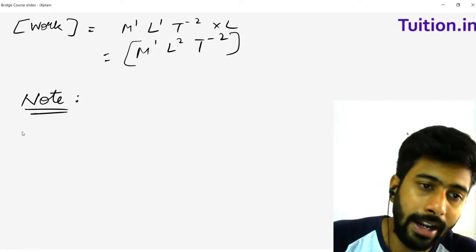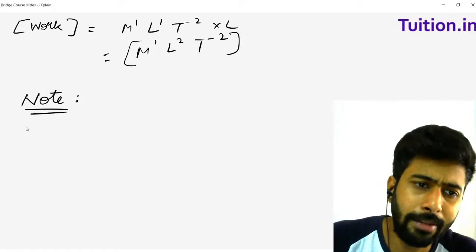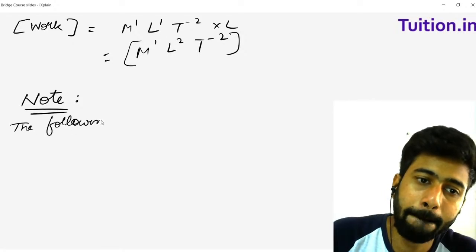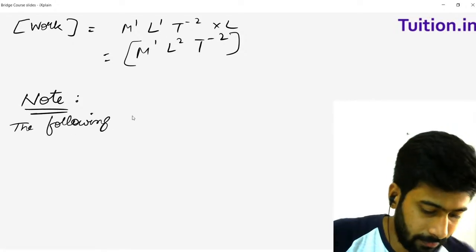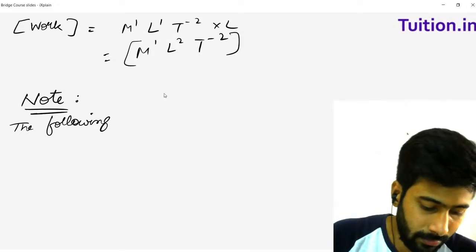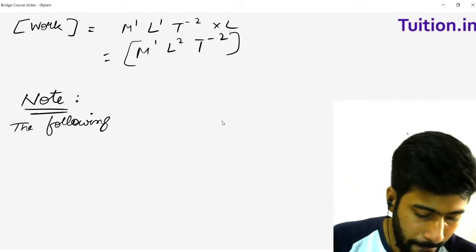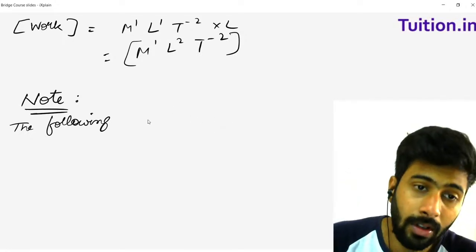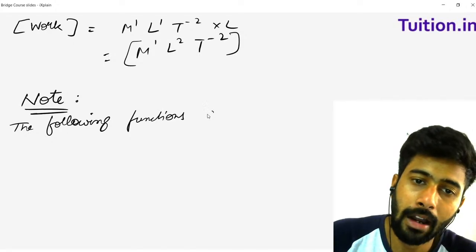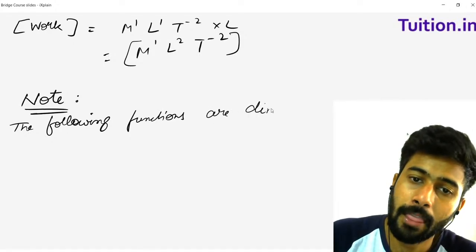All trigonometric identities, or in fact, let me say, the following functions are dimensionless.